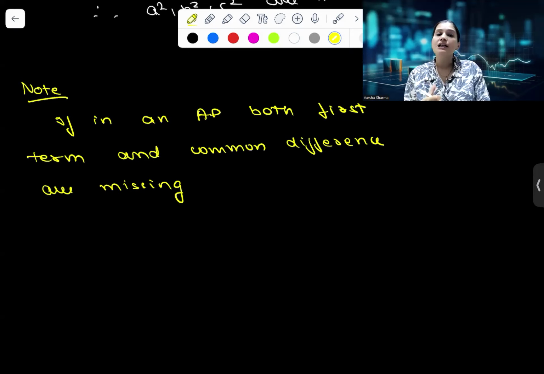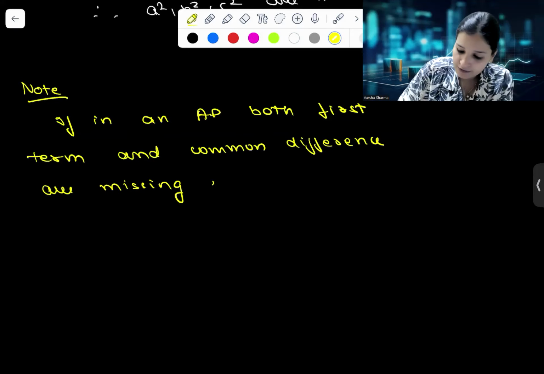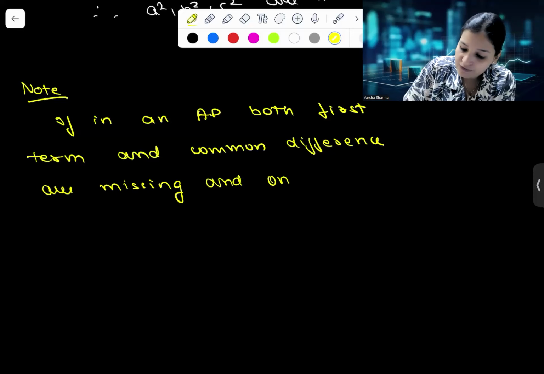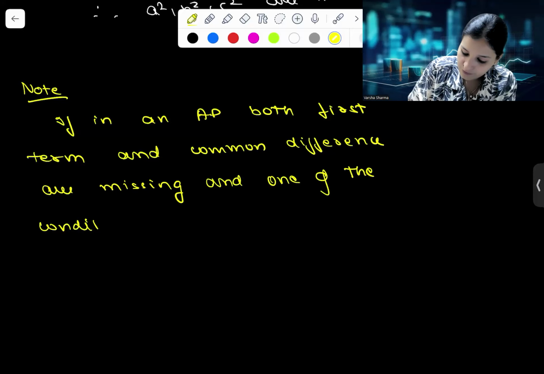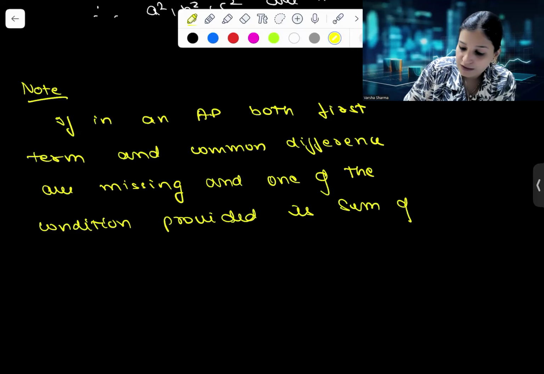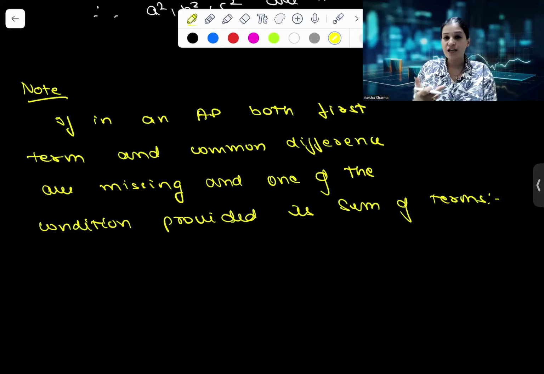So if one of the conditions provided is sum of terms, what I want to do is, when I use the sum of the terms condition, I want that my d gets cancelled.